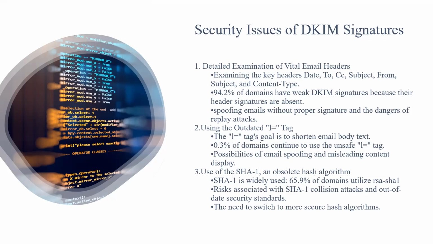Spoofing emails without proper signature and the dangers of replay attack. That means the emails which are used for the attacks don't have a proper signature. They use an email with .org, but they have used something different according to the name.